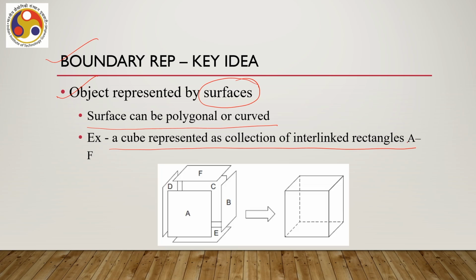So, the rectangles are identified with letters between A to F. So, this is one rectangle, second rectangle, third rectangle, fourth, fifth, sixth. So, 6 rectangles each representing the bounding surface of a cube. Now, when we are representing this whole cube in the form of its bounding surfaces, then we are saying that we are following a boundary representation.